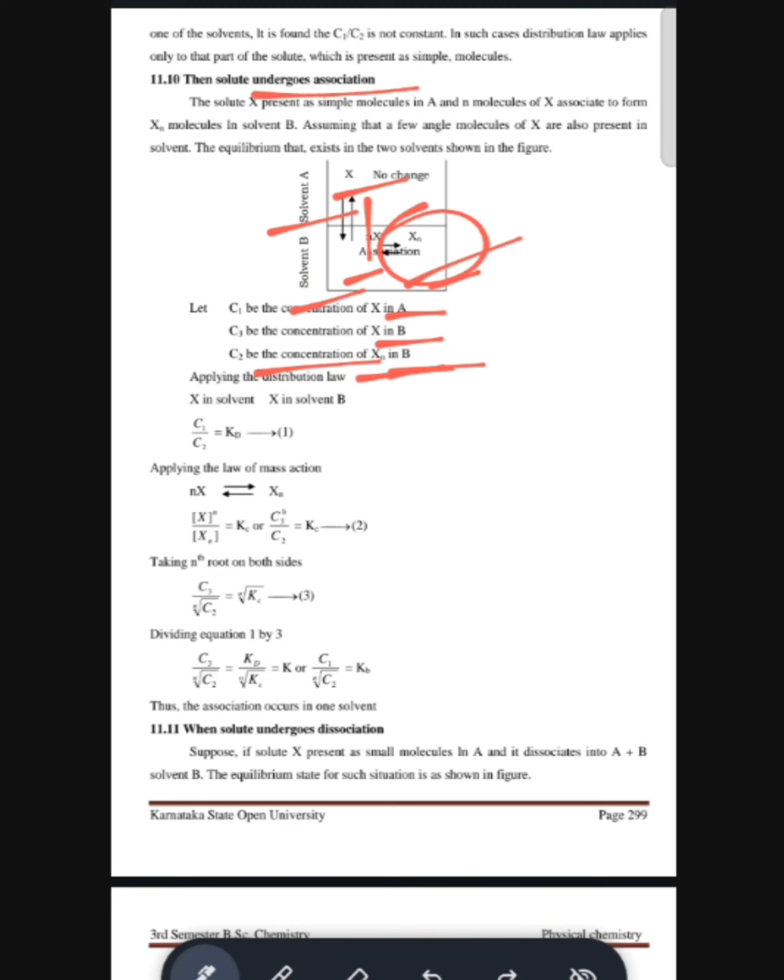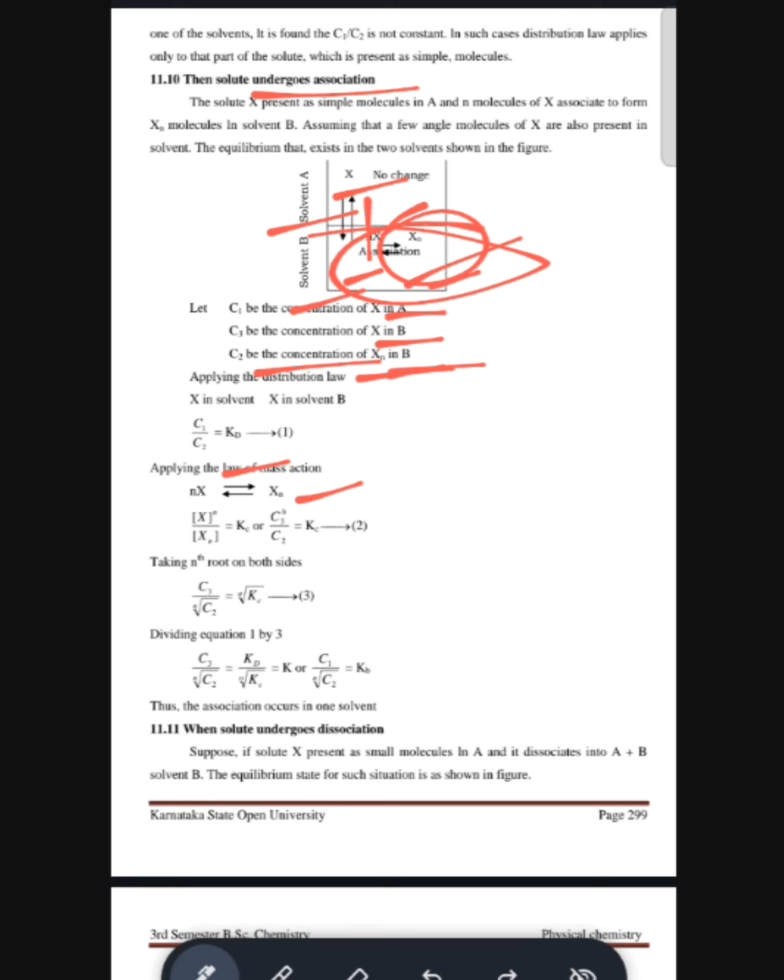So C1 by C2 is the KD, the standard distribution constant. Applying the distribution law here to X in solvent A and X in solvent B. Applying the law of mass action, nX is equal to Xn, the reaction taking place inside solvent B. Kc equals C3 to the power n divided by C2, where Kc is the partition coefficient, the equilibrium constant.